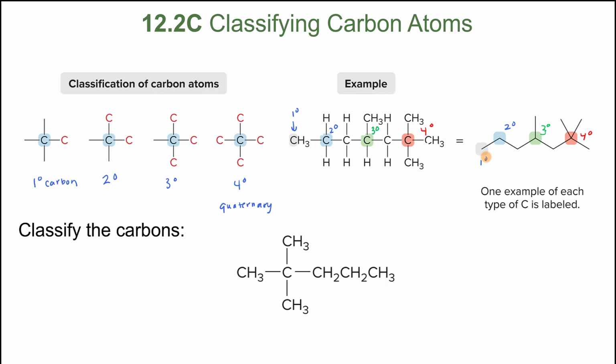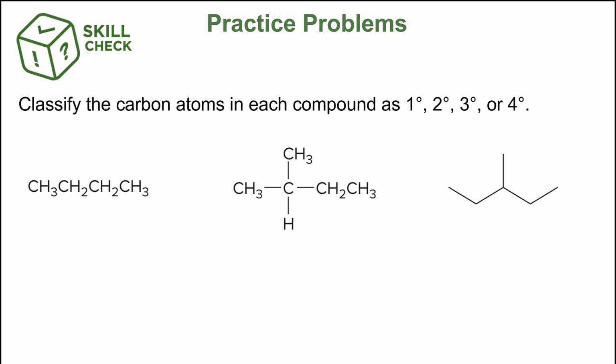So if we're going to look at the example that is drawn here and determine what each of the carbons are, anytime you have a CH3, those are going to be primary. And then this one on the end is primary. CH2s are secondary. And where you have a carbon with no hydrogens, this is quaternary. So we can continue classifying the different carbons here as primary, secondary, tertiary, or quaternary.